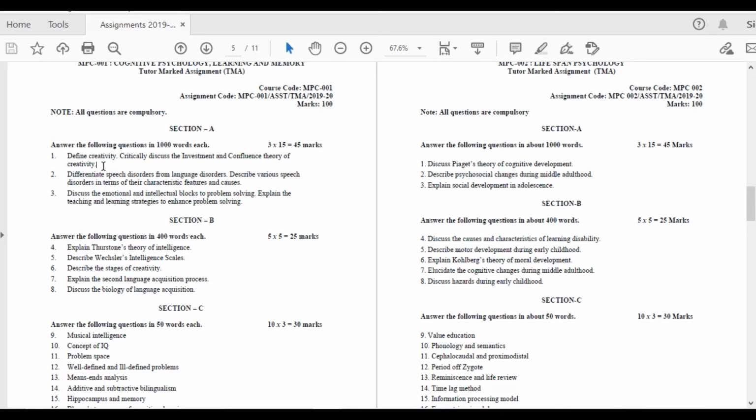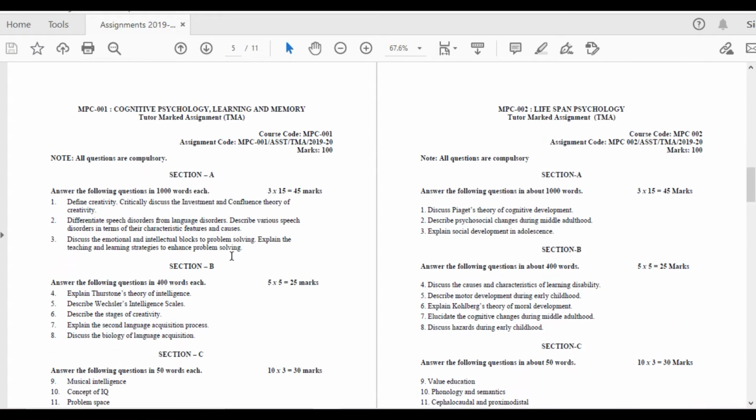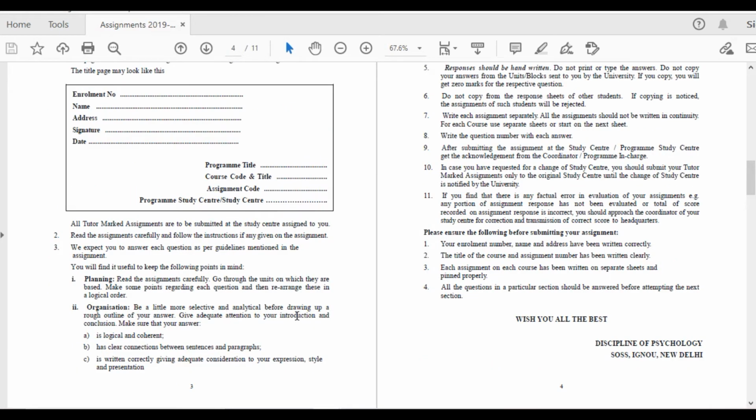So you can write a few details before you start with the actual answer, and then after the introduction, there is the conclusion. I mean, there is a body of the answer between the introduction and the conclusion, and the last is your conclusion. So conclusion is like, okay, this is what we learned from this paragraph, that creativity was this important. So the conclusion should look like what you have understood from the paragraph.